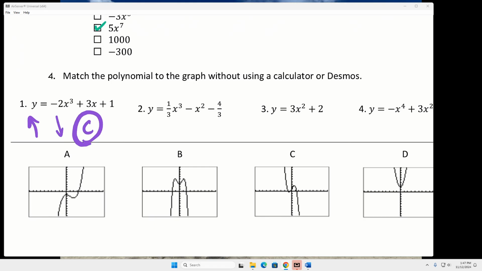The leading coefficient is positive. So that means the right side is up or down? Yes. The degree is odd. So the left side is down, the opposite. So what do y'all think? Good. All right, try 3 and 4 on your own.